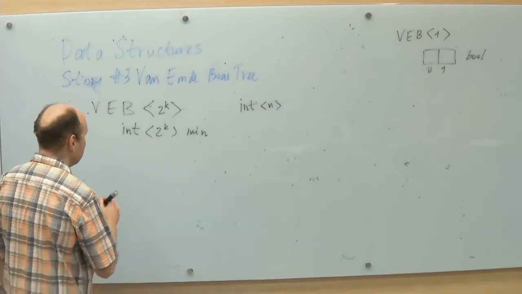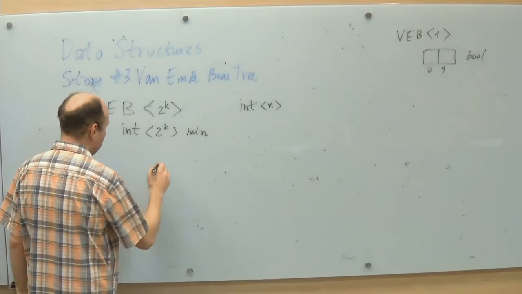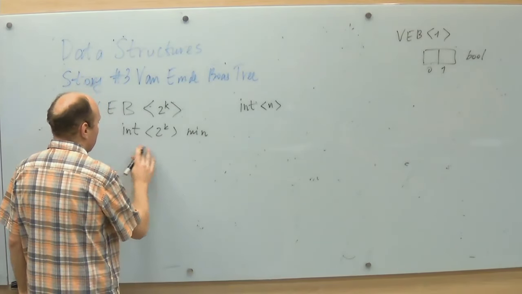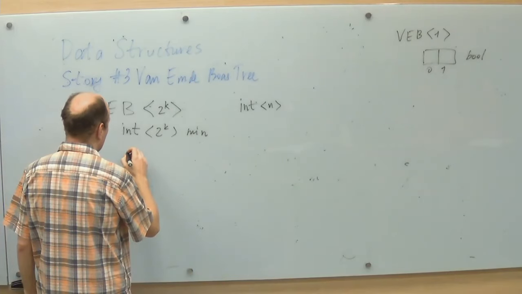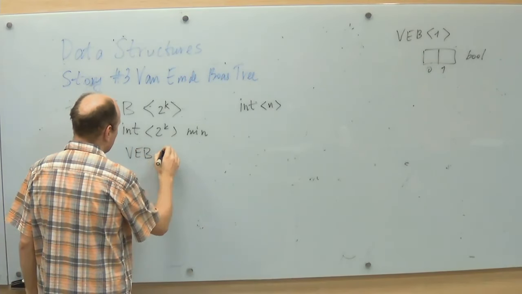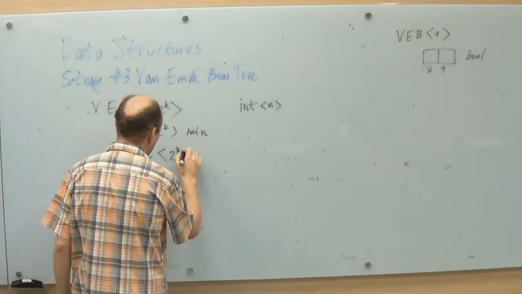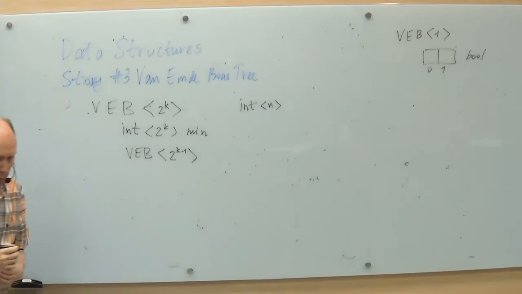So we have a van Emde Boas tree of size 2 to the power of k minus 1, one smaller power of 2.